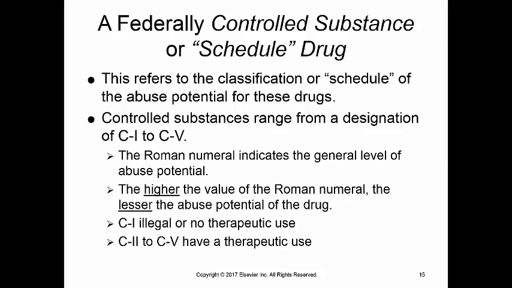C3 through C5 are generally not as addictive, and while they're still a controlled substance, we still have to log them, and we still have to take all the same security precautions. They have a lesser amount of addiction to them, and so these could be things like Valium or diazepam or ketamine, certain other less strong narcotics like buprenorphine or butorphanol. So that is it for Chapter 1.